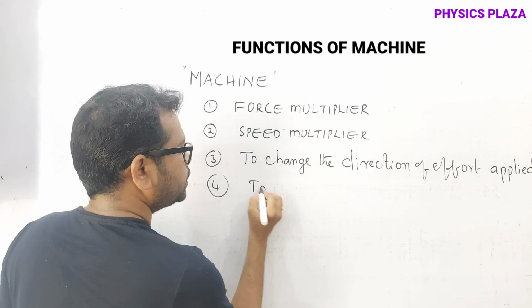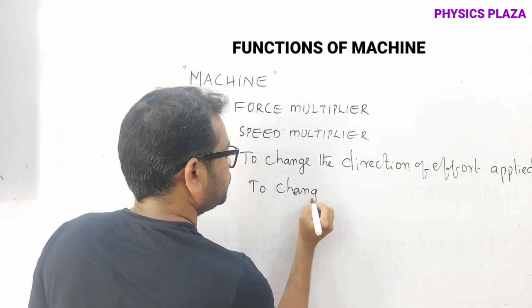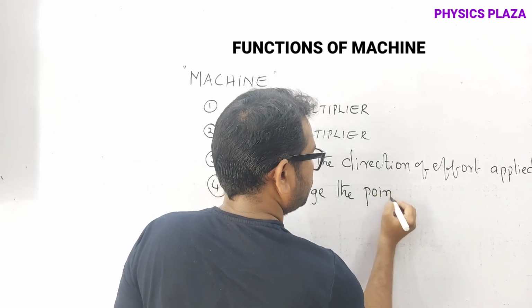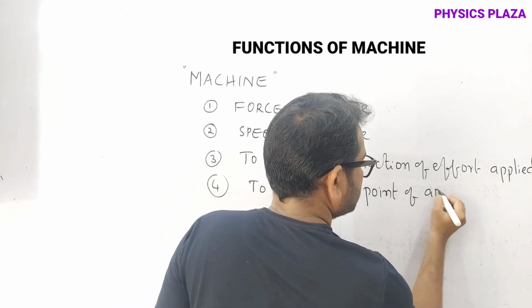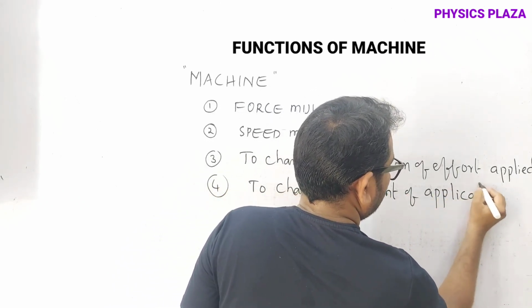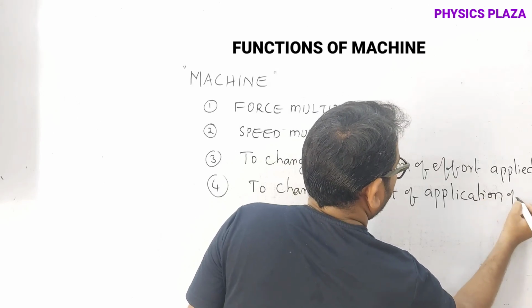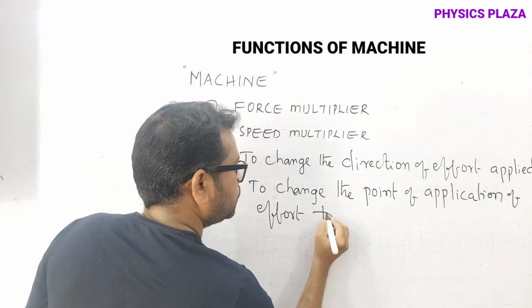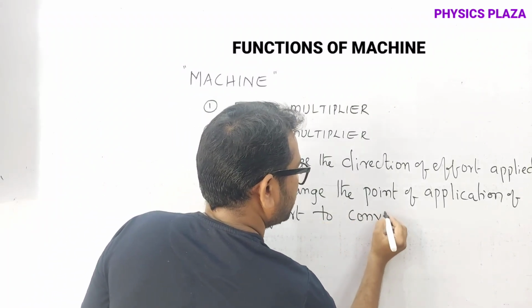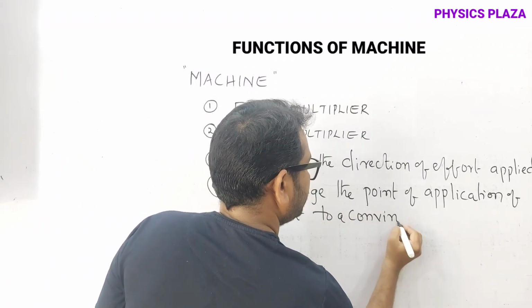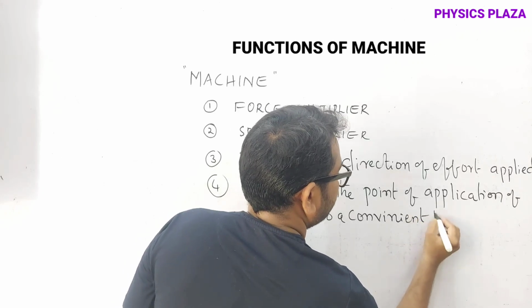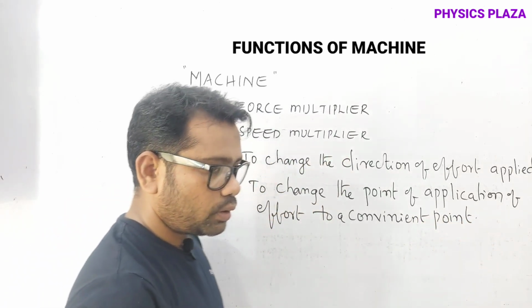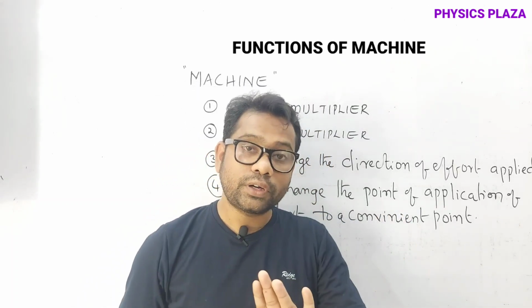The fourth function is to change the point of application of effort to a convenient point. I mean, what actually we want is to apply the effort.